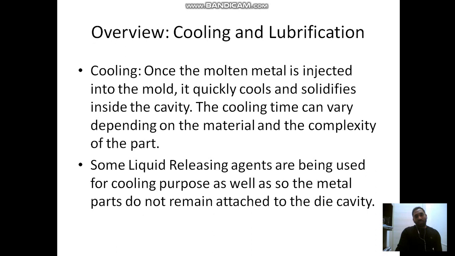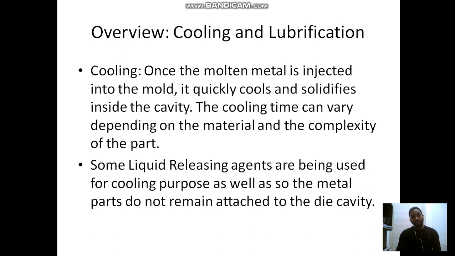Because this is a continuous cycle, the dies themselves have to be cooled down. We have to maintain the required temperature, otherwise we won't get the precise component. Once the molten metal is injected into the mold, it quickly cools and solidifies inside the cavity.